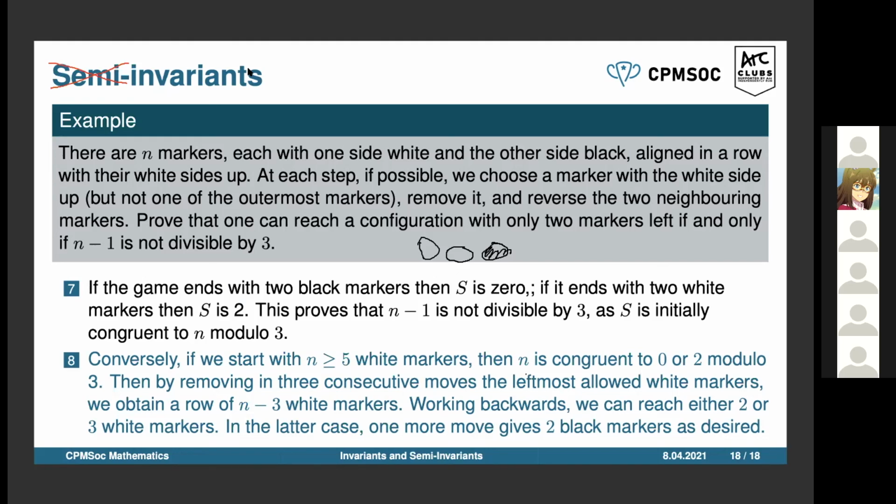So if we take 3 different moves in succession on the 3 leftmost white markers in the configuration, so if we have at least 5 white markers, then we can remove these 3 in succession, the leftmost 3 in the configuration. There could be other stuff over here.